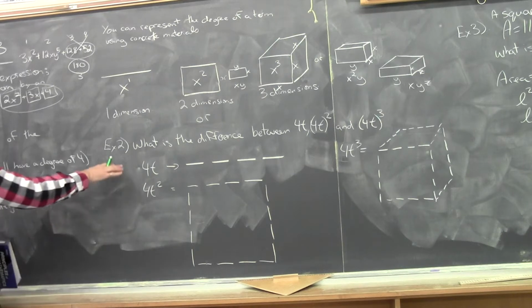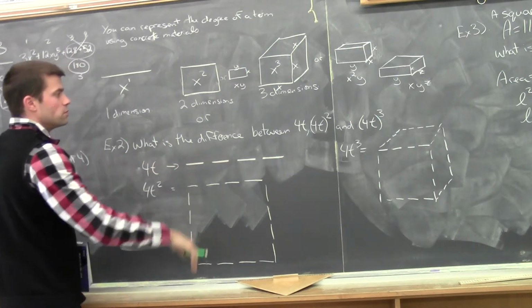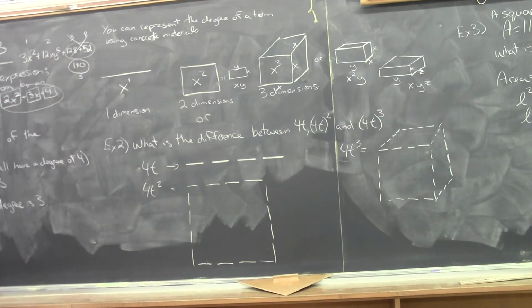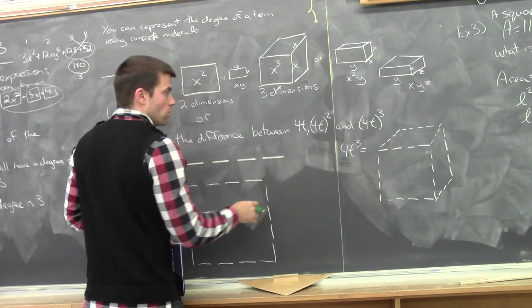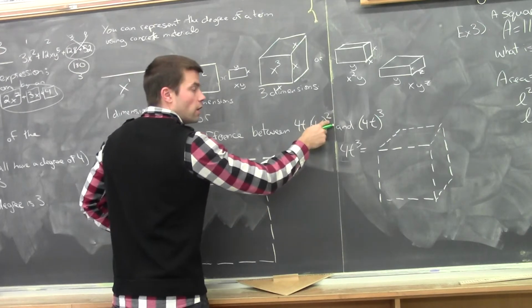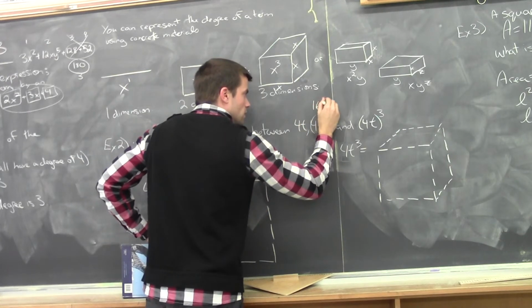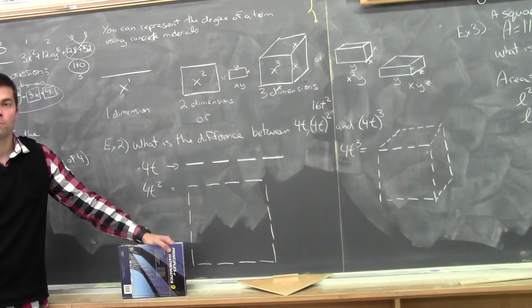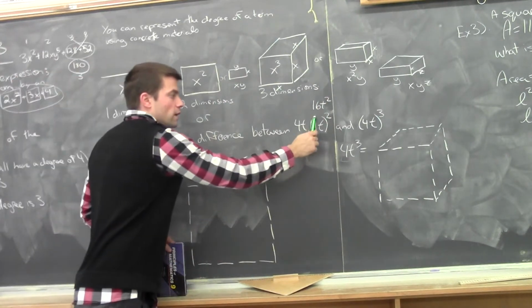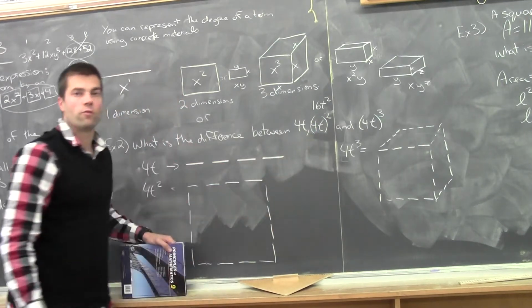Alright, so we got a question here, example 2. What is the difference between 4t, 4t squared, and 4t cubed? Remember, just so we're clear, 4t squared is actually 16t squared. You guys do understand that, right? Because the 4t is in brackets, you still need to square that 4.